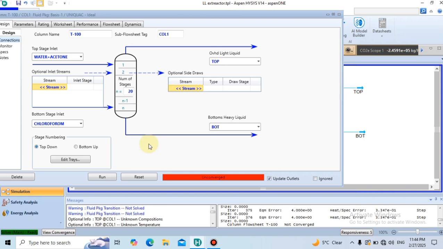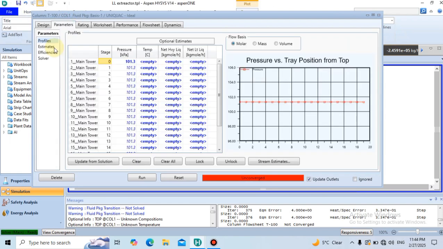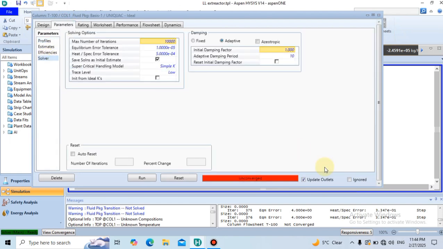You need to understand what HYSYS is going to say to you. So let's dive into the tips and tricks and how to deal with this kind of issue right here. So we have two values here for the material tolerance, which HYSYS calculated for us, and the heat specification as well, which in this case is 3.3 times 10 to the power of minus 1.